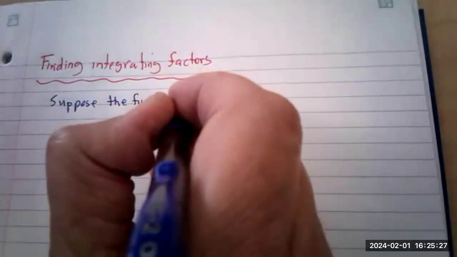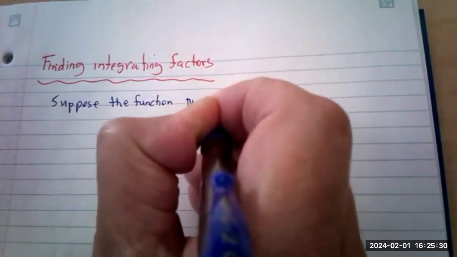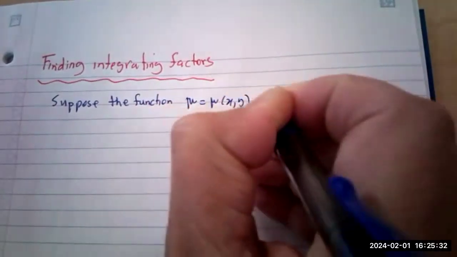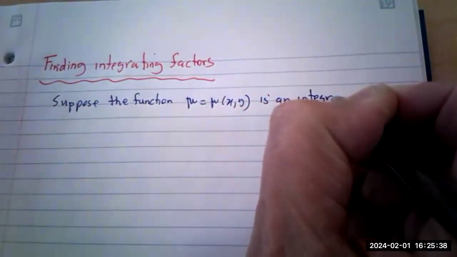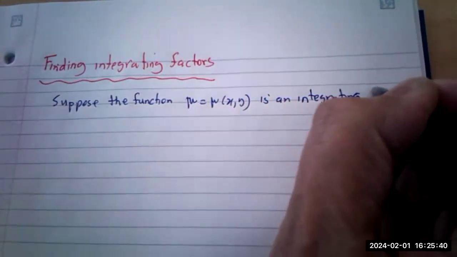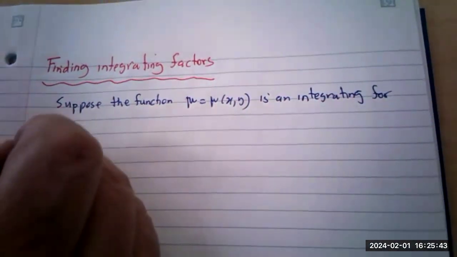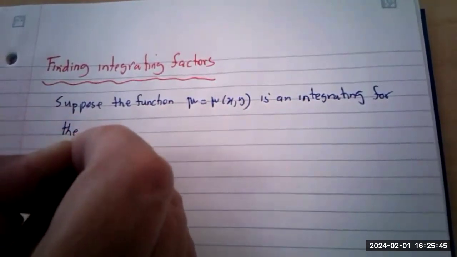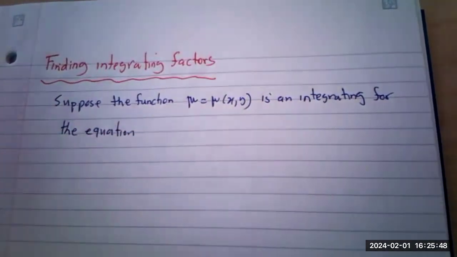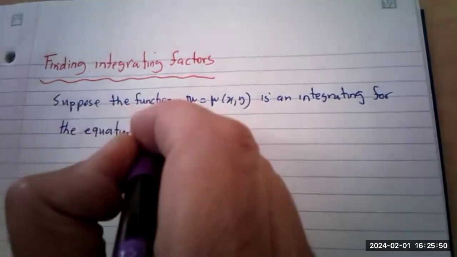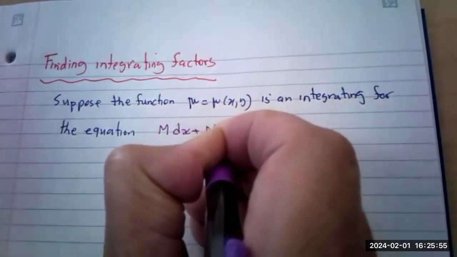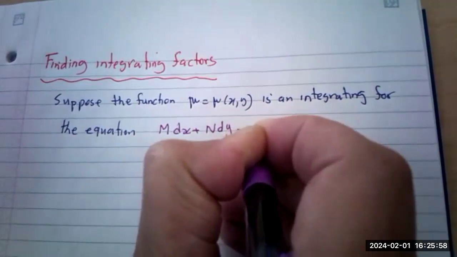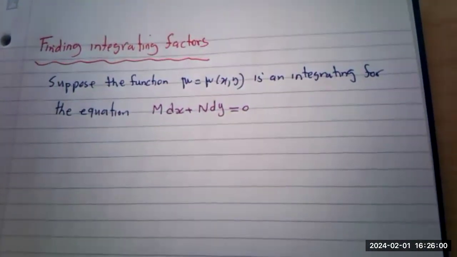Suppose the function mu equal to mu of x and y is an integrating factor for this equation, m dx plus n dy equal to 0. Suppose this is given.